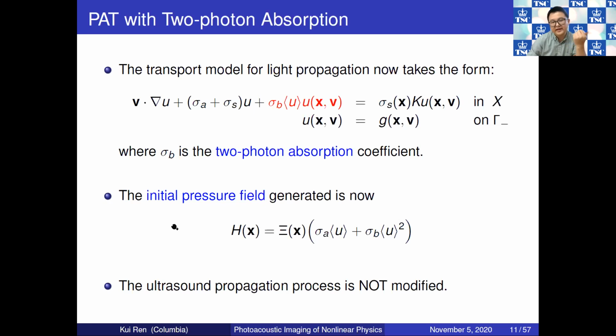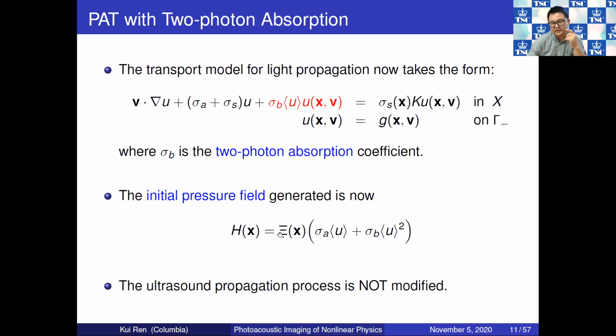So nothing else changed in this game when you have this nonlinear absorption, except that because of this absorption, the initial pressure that's generated now has two terms. This is the single photon absorption part, and that is the two-photon absorption part. So this is your internal data now.